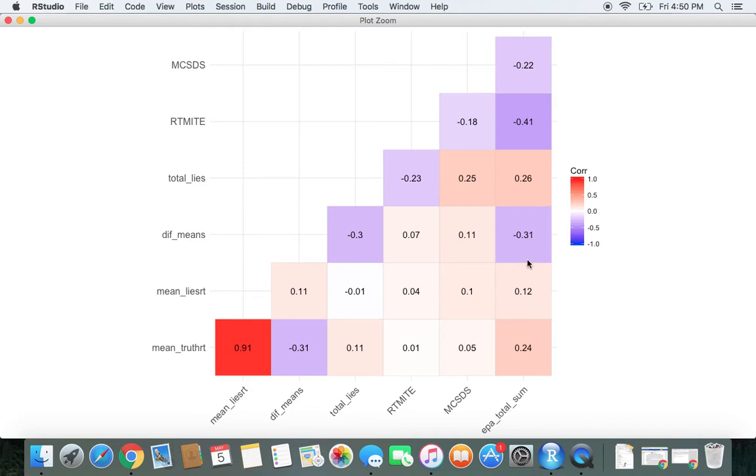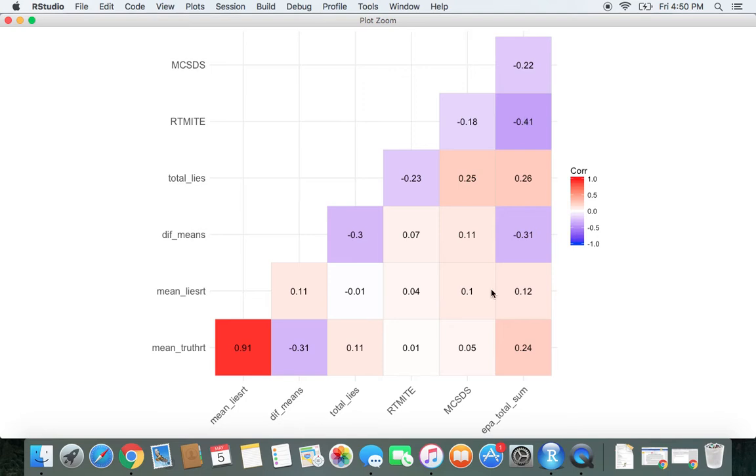We can also look at the EPA total and the difference between means, and this is at a negative 0.31. That's a very interesting thing. I'm not entirely sure what to think about that, but that is an interesting thing and is not problematic. It's just saying something else beyond our data.